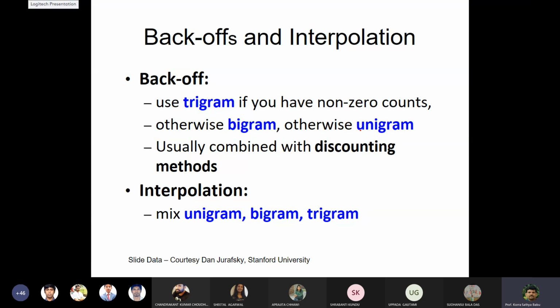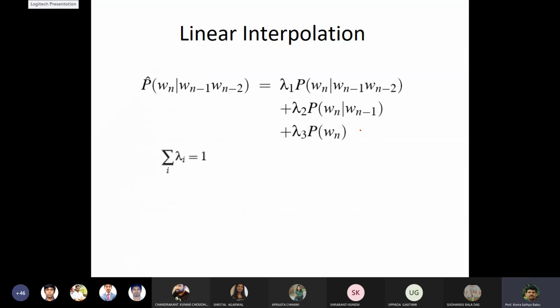What the interpolation method does is that it mixes the combination of unigram, bigram and trigram. So if we see here, p cap, this is for interpolation. P cap of wn given wn minus 1, wn minus 2 can be given as lambda 1 times the trigram, whatever bigrams you can do, and whatever unigrams you can do.